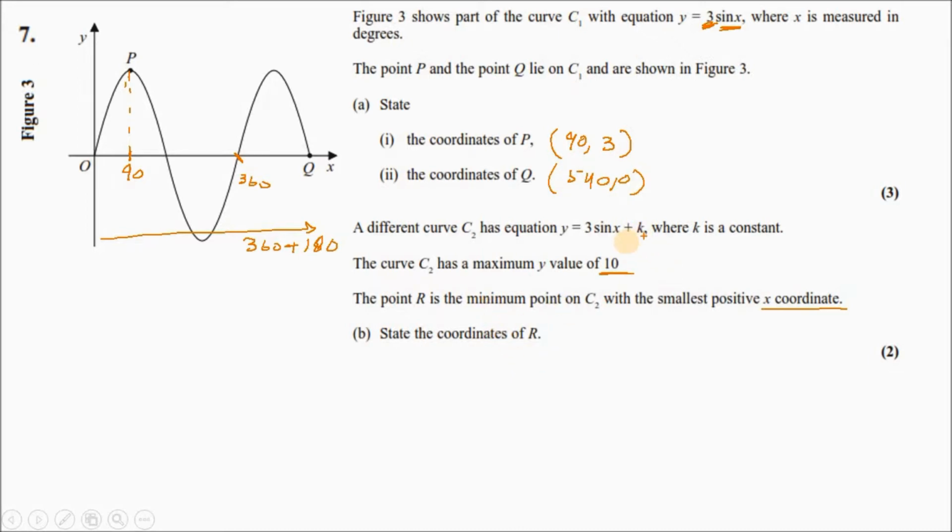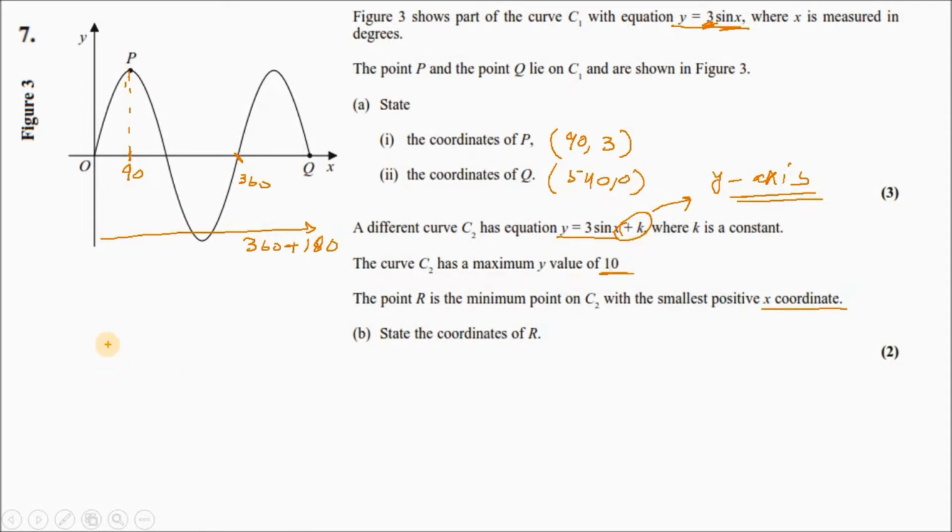Comparing the original equation y equal to 3 sine x with y equal to 3 sine x plus k, this plus k shows that the curve is shifting along the y-axis. So this is your original curve, and you are shifting it k units either above or below the axis, depending on the value of k. So we need to figure out the value of k first.